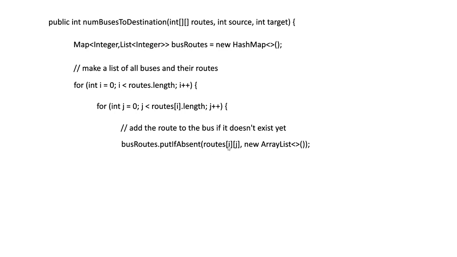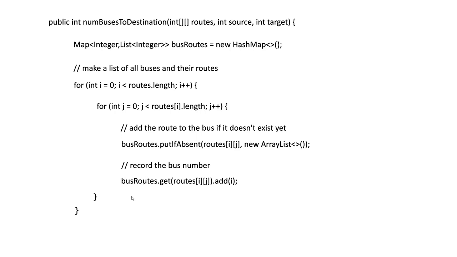We're going to put the bus stop routes[i][j], and we're going to add that as a new ArrayList. And then we have to record the bus number. So we're going to get the value that we just added, and then add i, which is the bus number. And that will get a list of all the buses and their routes.